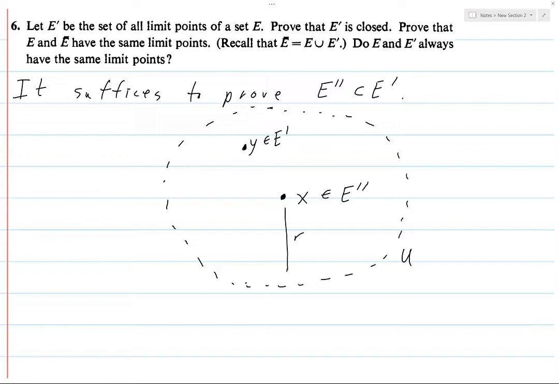I'll go into more detail on that specific detail later, if it's not clear. But anyways, if you take U and remove the point X, then you get an open neighborhood. Then you get an open set.